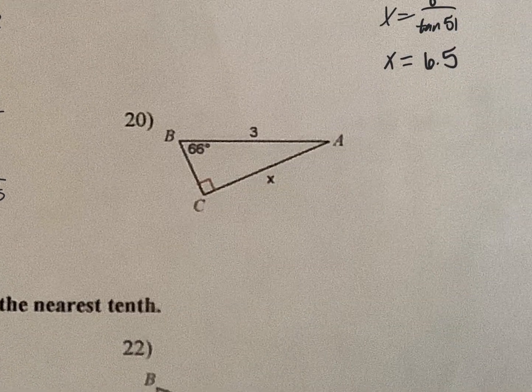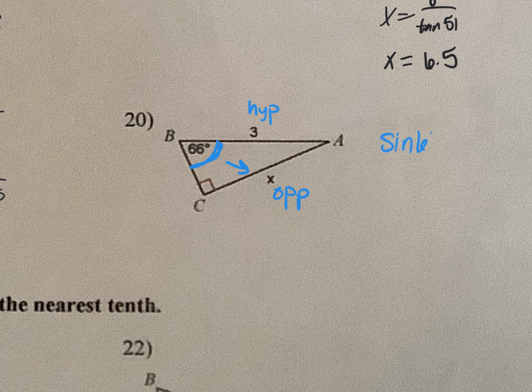All right, and then number 20. So we are using this 66 as our reference angle, so X is our opposite side, and we also have 3, which is hypotenuse. So we're using sine again. Now this one is confusing. So sine 66 is opposite, which is X, over hypotenuse, which is 3.